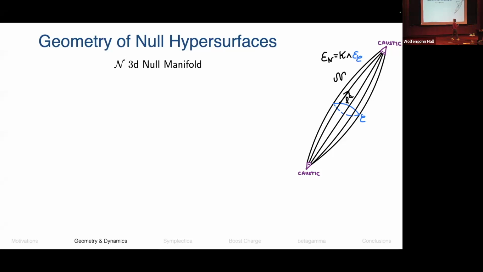For simplicity, I'm going to call these null hypersurfaces N. I'm going to assume they are three-dimensional, although it can easily be generalized to arbitrary dimension, as I have in mind the four-dimensional bulk. And also I'm going to regulate away from caustics. On a generic null hypersurface, there are caustics at finite time, and I'm going to just regulate them away and consider the smooth manifold between two caustics.